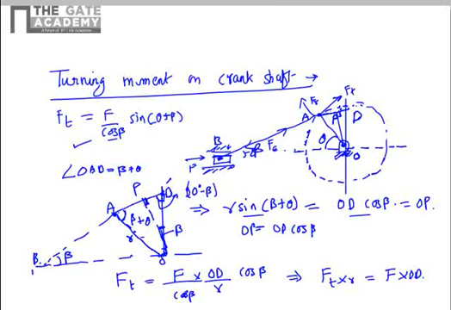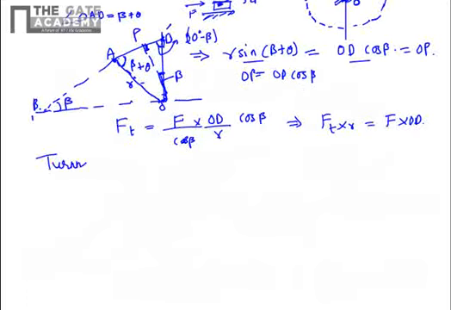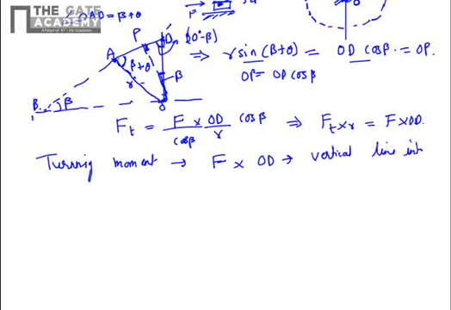So the turning moment on the crankshaft can be determined by multiplying the force on the piston F with the distance OD, that is the vertical line intersecting the extension of the connecting rod.